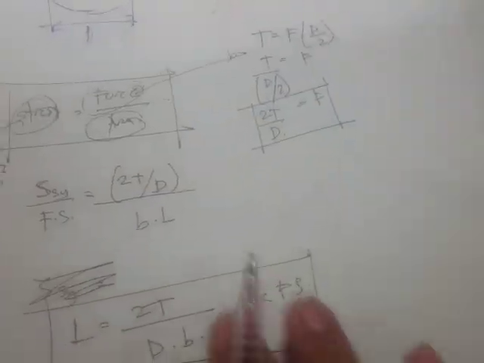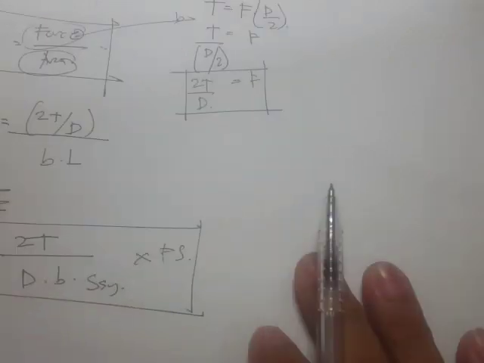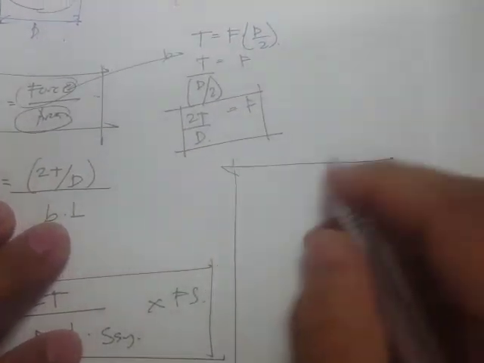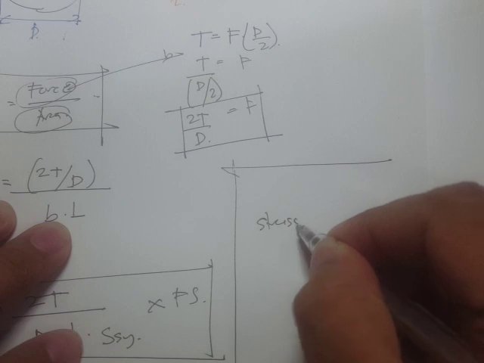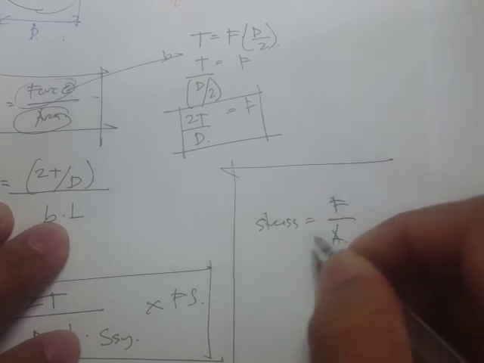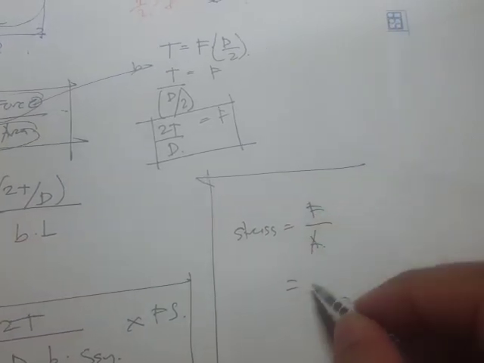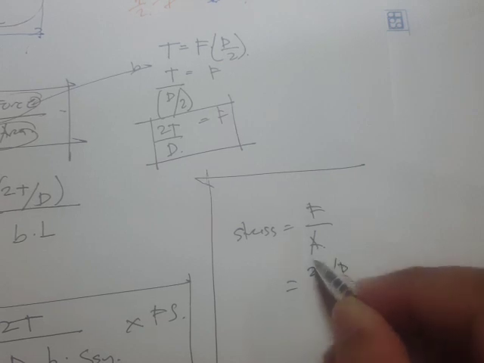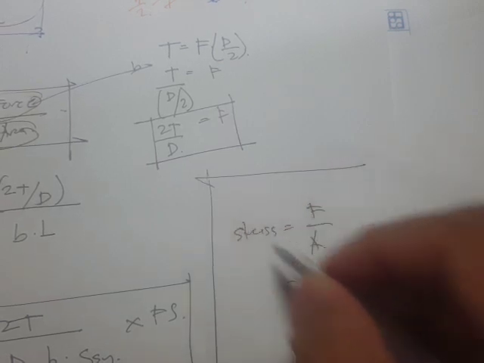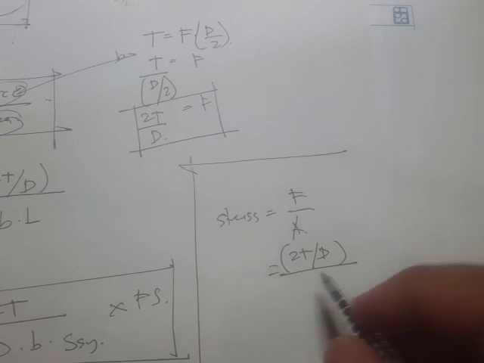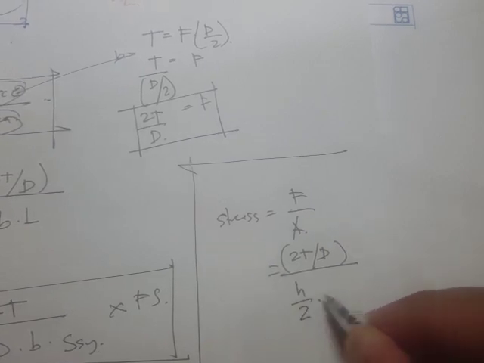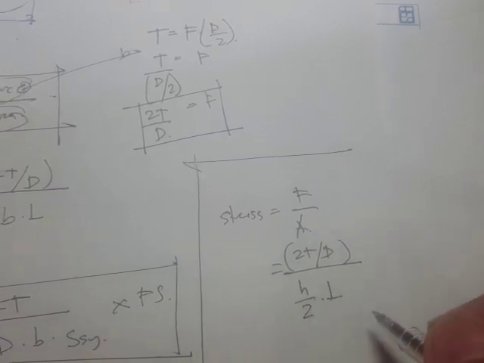For the basic stress equation, the stress is equal to force over area, but the force is still the same, just 2T all over d. This is for bearing stress. The area is h all over 2 times the length.